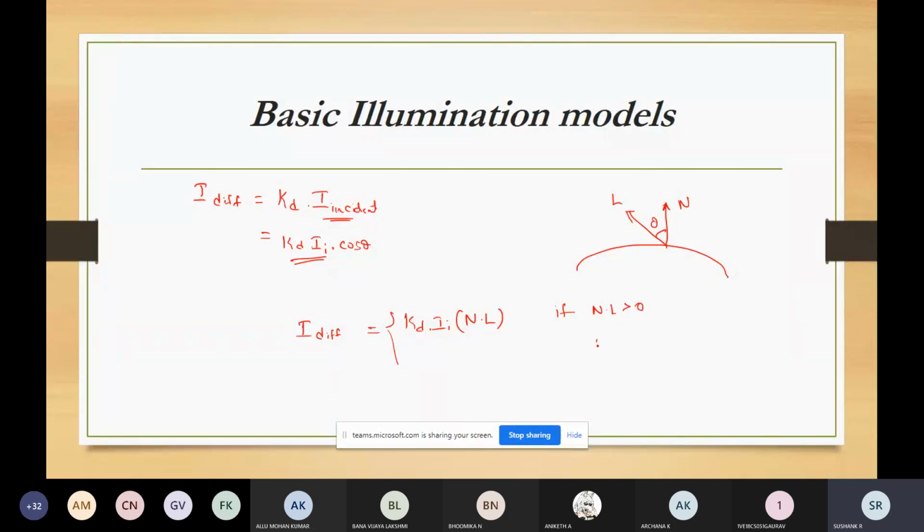If the dot product is less than 0, I diffuse will be 0.